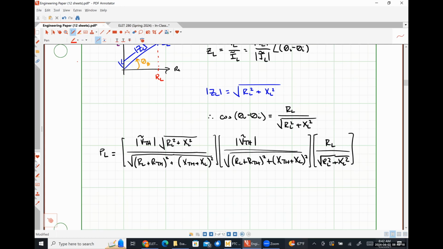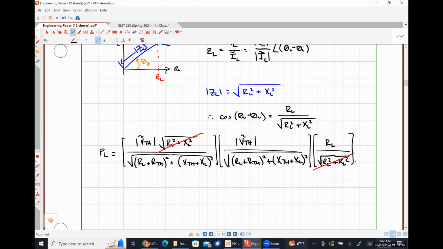For instance, I have this square root of RL squared plus XL squared in the numerator, and the same term in the denominator from my cosine term. Those go away. That big ugly denominator is the same for the VL term and the IL term, so that square root goes away because when I square the square root, it goes away.